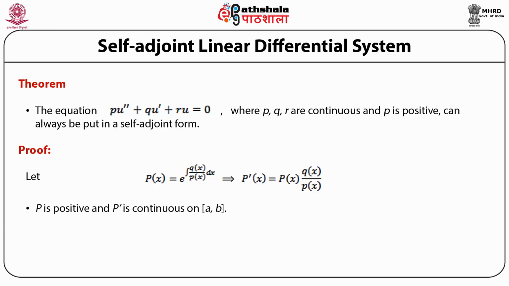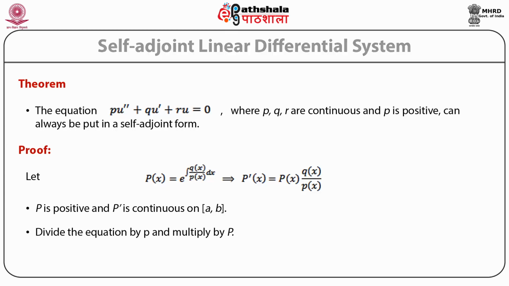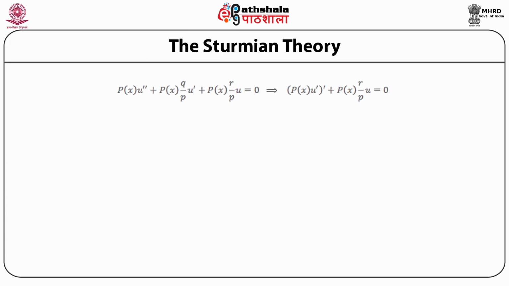Here, capital P is positive and P prime is continuous on the interval a to b. We divide the equation by small p and multiply by capital P to get P of x into u double prime plus P of x into q by p into u prime plus P of x into r by p into u is equal to 0.